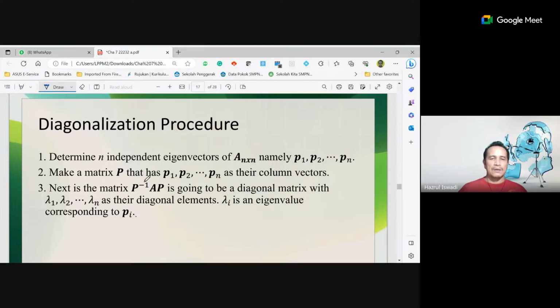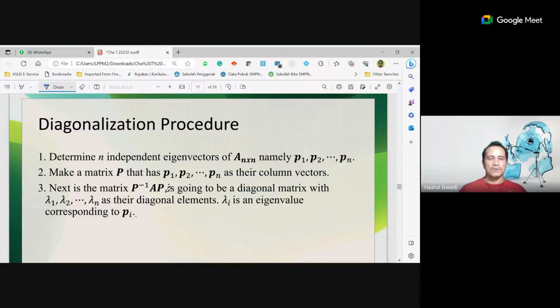We make the multiplication of this matrix: inverse of P multiplied by A multiplied by P. We will get that this multiplication becomes a diagonal matrix.